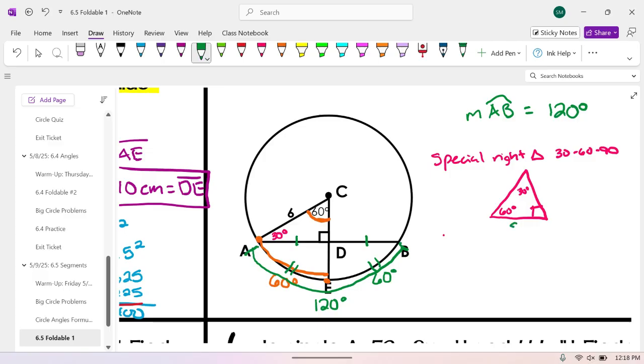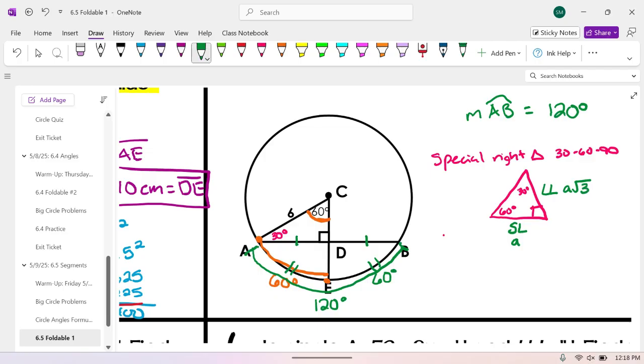It's known as the short leg because it's shorter than the other leg. So let's call that leg A. The side opposite from the 60-degree angle is called the long leg, and it relates to the 30 side as A square root 3.